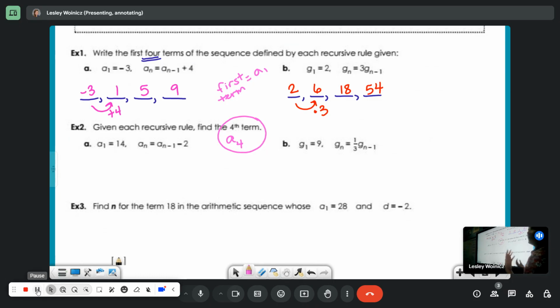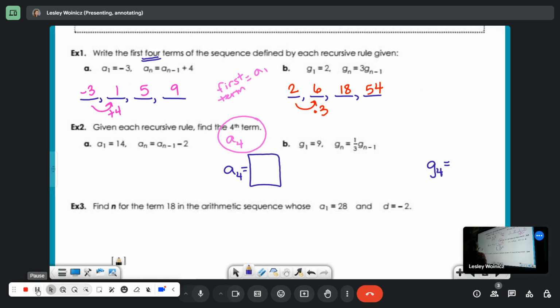So I have to find all 4 of them to find the fourth one. But the only one I really am going to say is my answer is the fourth. So I'm going to get ready with my a sub 4 equals, and I'm going to have my little answer box. And then over here, I'm going to look for my G sub 4.